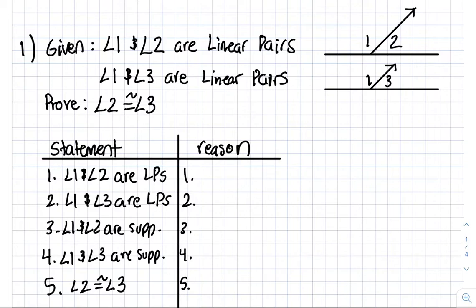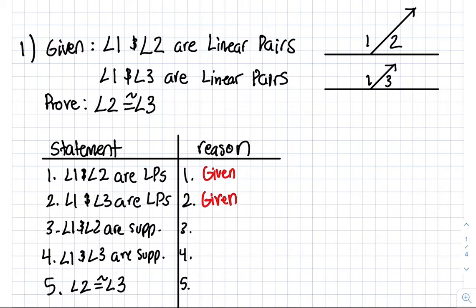We got angle 1, angle 2 are linear pairs, and angle 1, angle 3 are linear pairs. A lot of you guys should be comfortable saying those are given statements. Now, why can we say in statement 3 and statement 4 that those pairs of angles are supplementary?